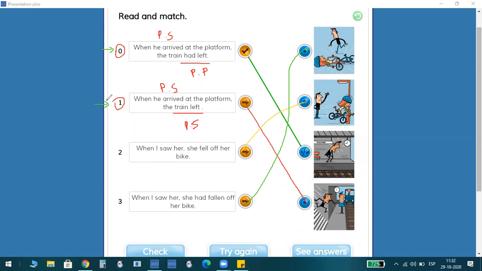The verb in PP and the past simple. Okay, that's one of the differences. That's true. There's one with the verb in PP, and the other one is the verb in past simple. And if we go to the timeline, chronologically speaking, and we analyze it, we have this timeline, and it says when he arrived at the platform, the train had left.